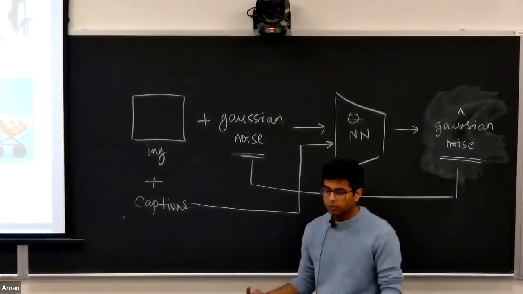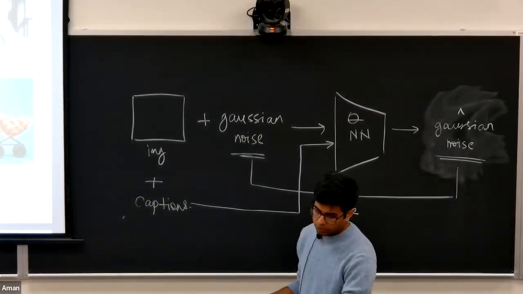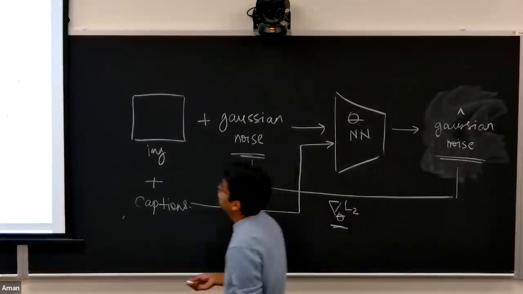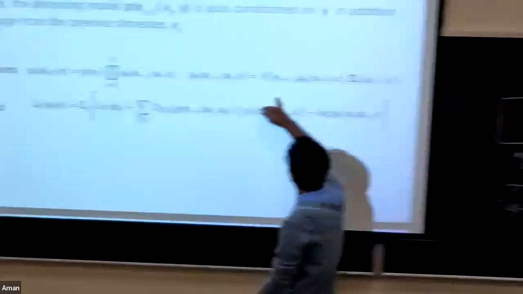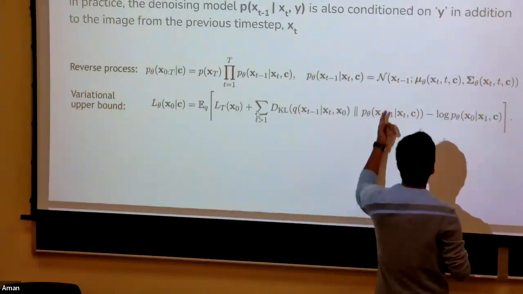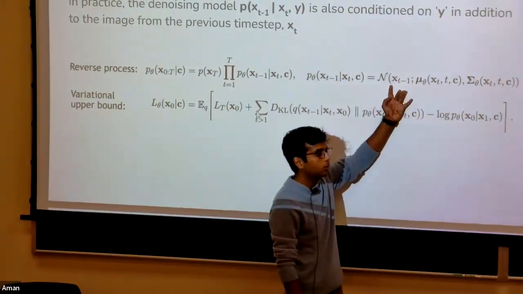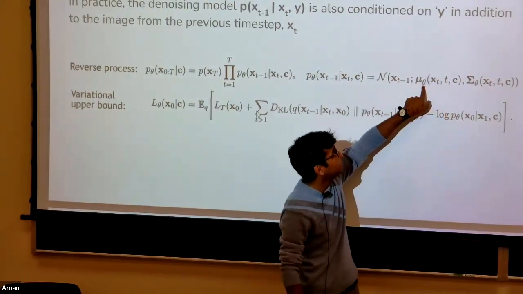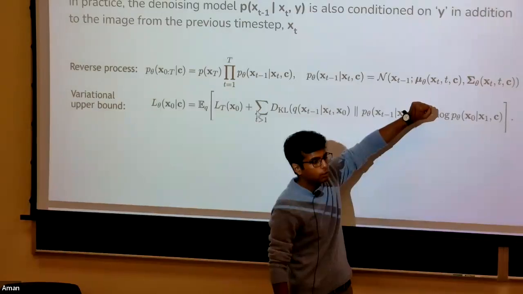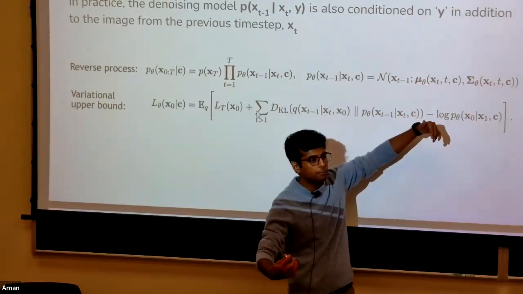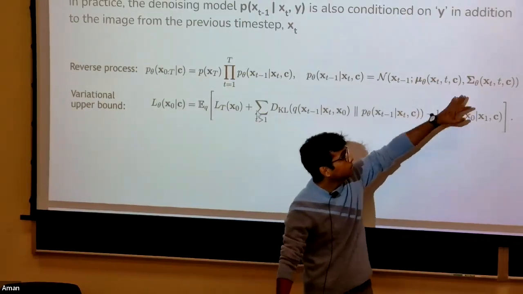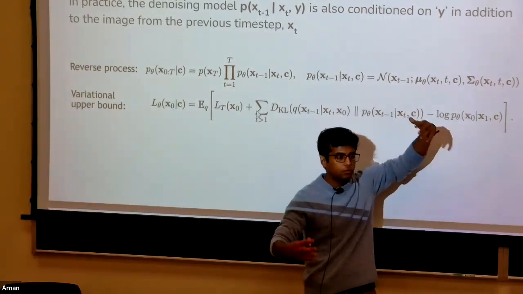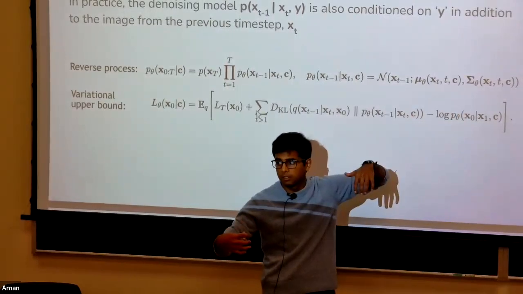So the only thing that you're changing is the posterior function that we were approximating as a neural network here, where the neural network has two different branches. The first branch is predicting the mean of the distribution from which we are sampling the image, and the other branch is predicting the standard deviation of the distribution from which we are sampling these images.